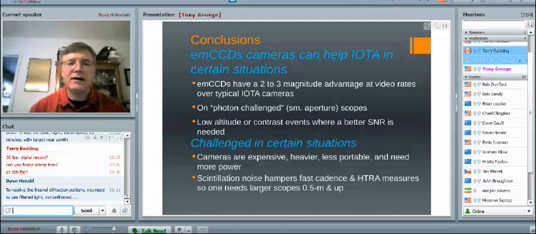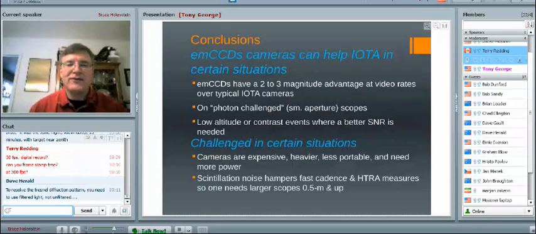So in conclusion, EMCCD cameras can help IOTA in certain circumstances. They have a couple 2 to 3 magnitude advantage at video rates over typical IOTA cameras on the same telescope, hardware, and observing location. They're good on photon challenged small aperture scopes.